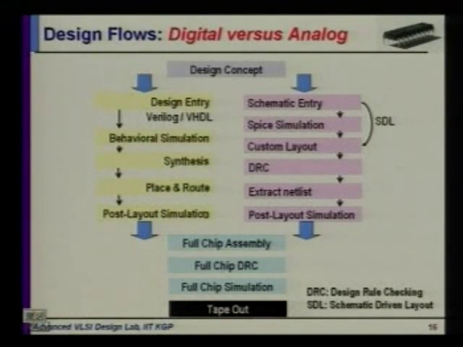Then we do post layout simulation to make sure that all your design rules are met, that at the silicon level everything is fine, and then you do a full chip assembly. This is typically done for individual cores, and then you connect the cores together to do a full chip assembly and full chip design rule checking. What is design rule checking?